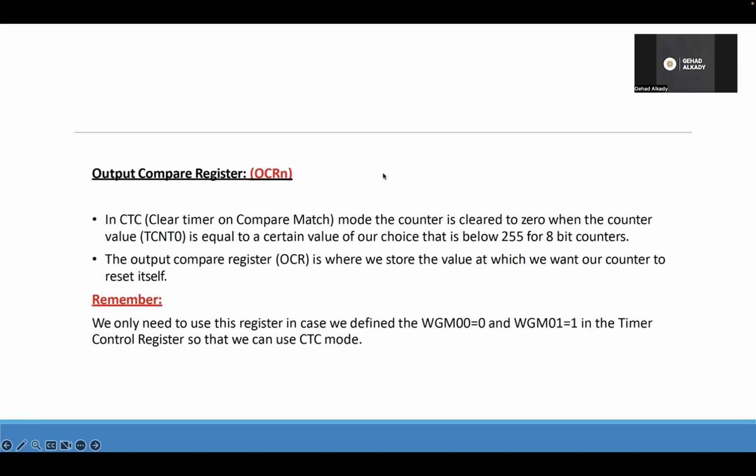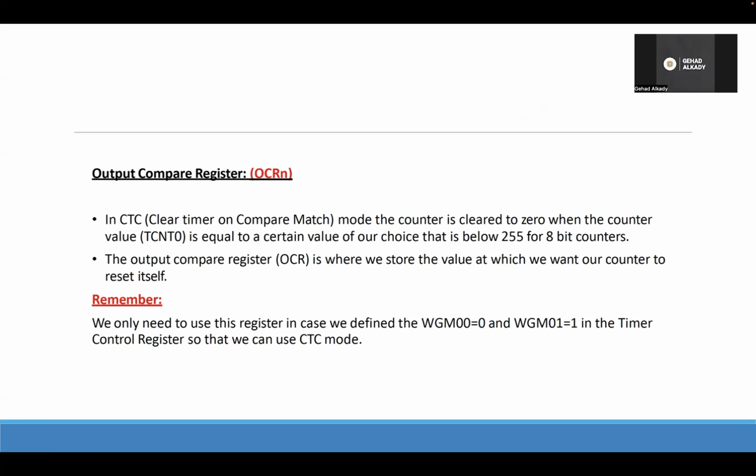This register is called the output compare register. This register is special if we are working in the CTC mode, or clear timer on compare match mode. Here we said that in this mode we specify a specific value that we want our timer to reach.